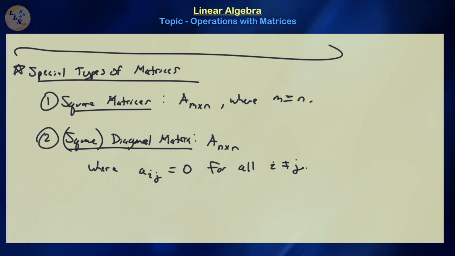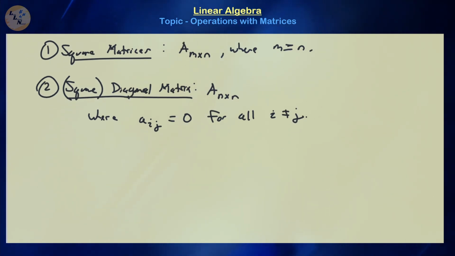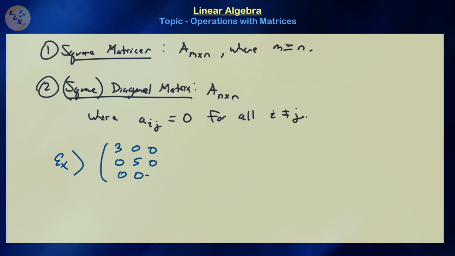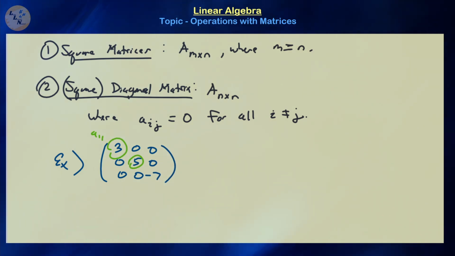for all i not equal to j. The diagonal entries of a matrix, in case you haven't already noticed, for example, if we have 3, 0, 0, 0, 5, 0, and 0, 0, negative 7, this entry is A11, that entry is A22, and that entry is A33.